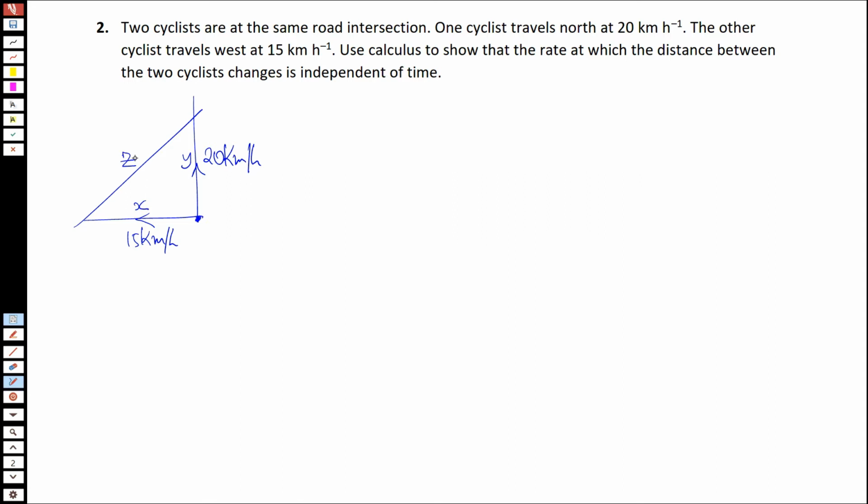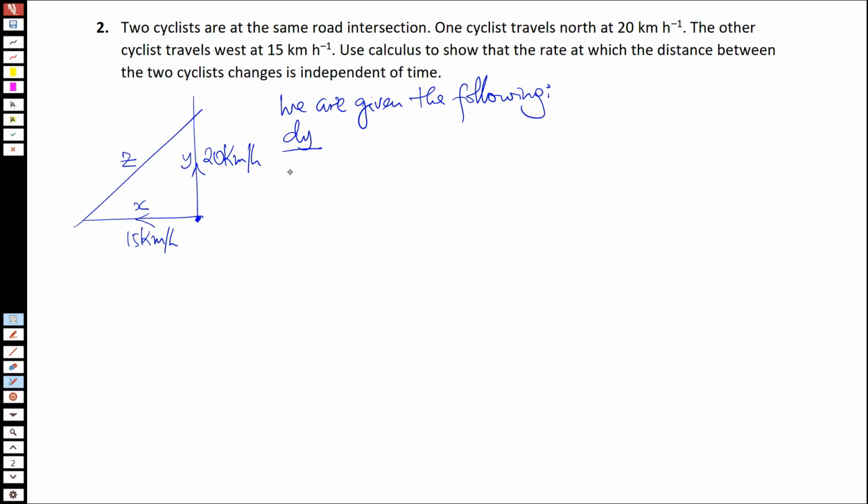So in terms of what we've learned in terms of rates of change, we are given the following information. The first thing that you're given is the speed at which one cyclist is traveling north.